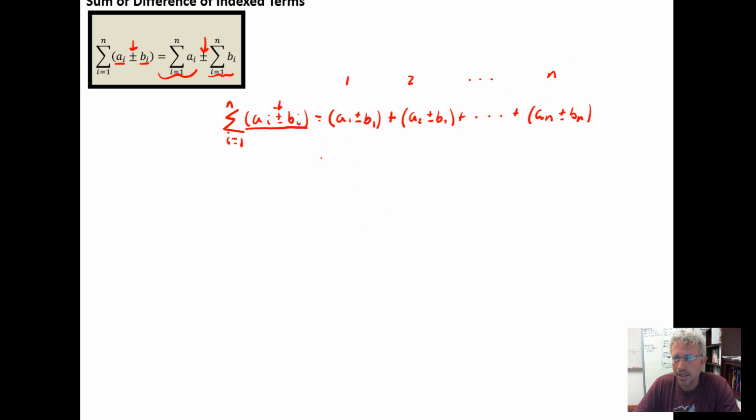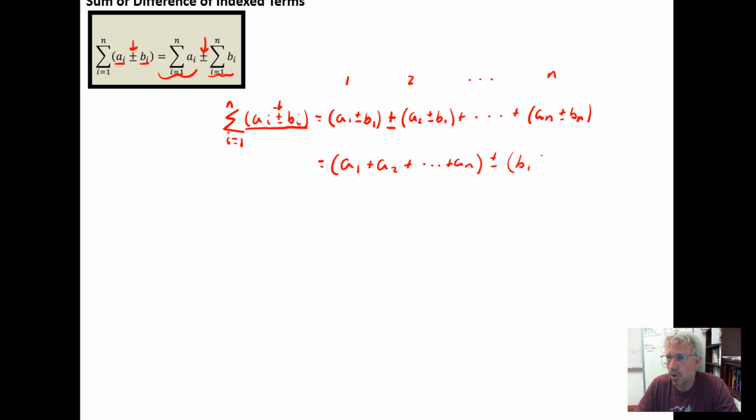And the idea is that you can regroup this. You can take the a sub 1s and add them together, a sub 1 plus a sub 2 plus dot, dot, dot, all the way out through the a sub nth term, and then you can add to that, plus or minus, the b terms as well.